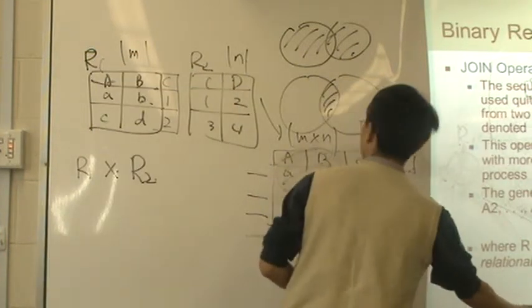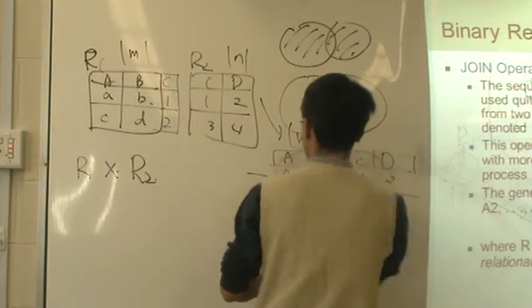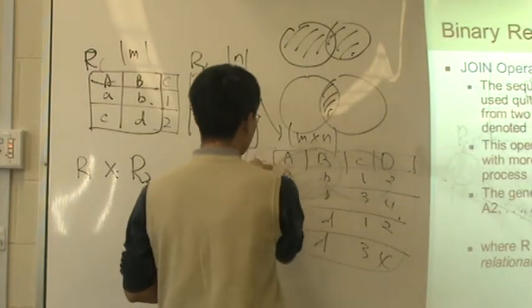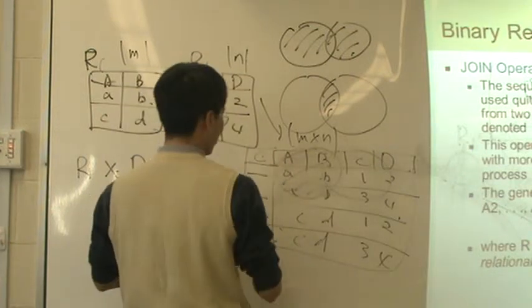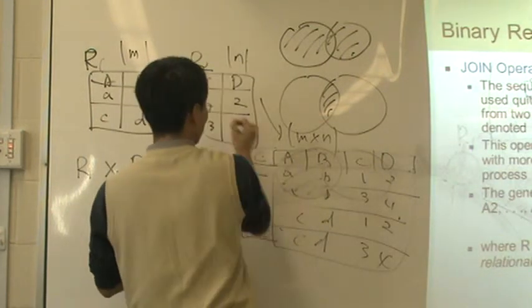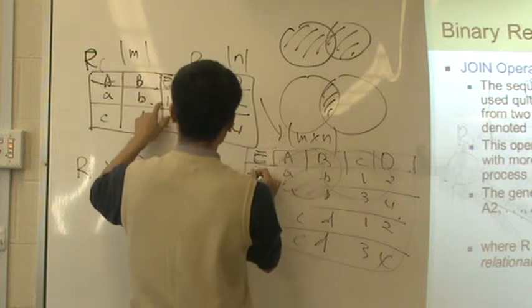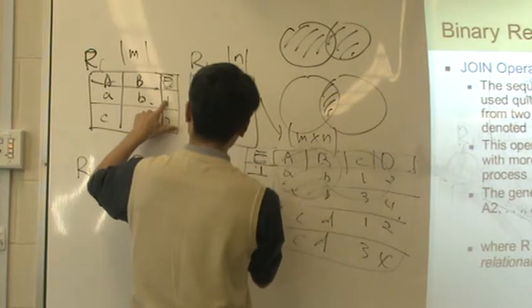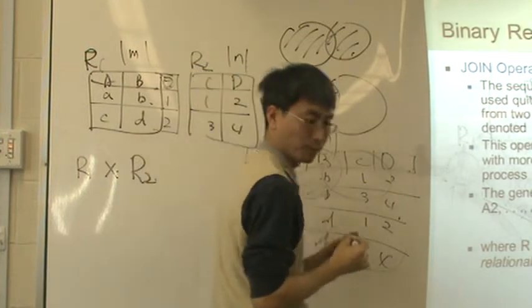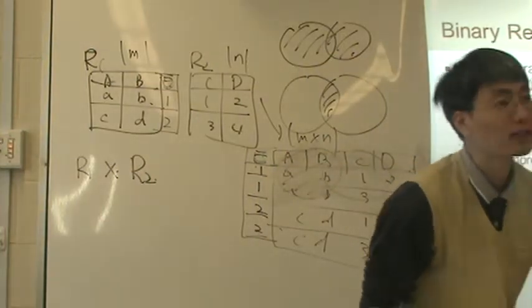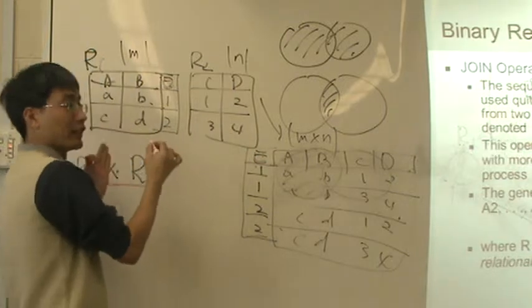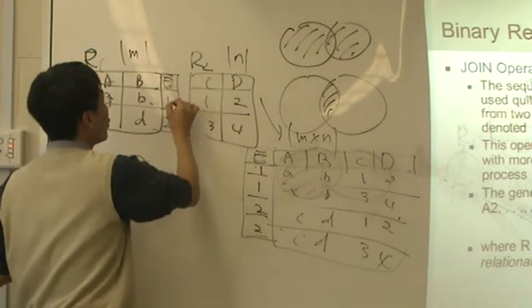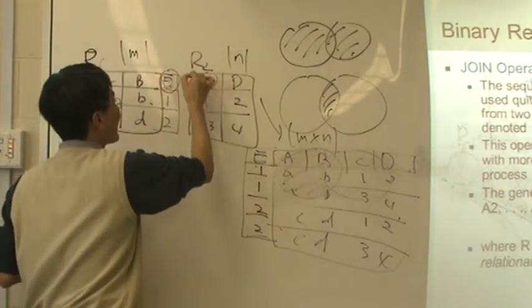we have one more, C. This C is for, let's say, D. So this is 1, 1, 2, 2. This is a Cartesian product of R1 and R2, but I need the tuples whose D and C are the same.